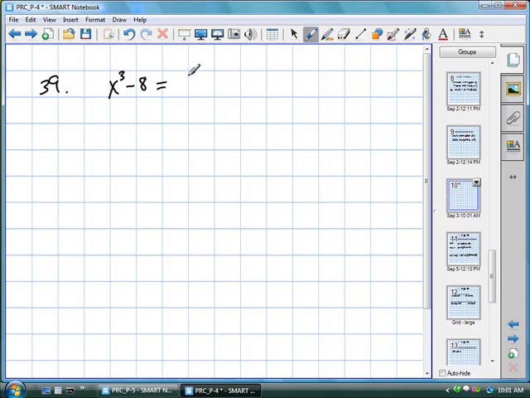So, set up a binomial and a trinomial. Take the cube root of the first term and put it here. Take the cube root of the second term and put it here. Mimic the sign, minus. Now, take this first guy and square him, put him in the beginning of the trinomial.